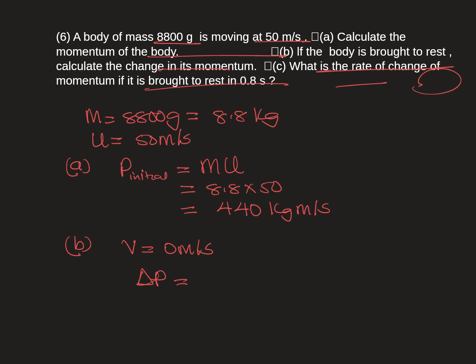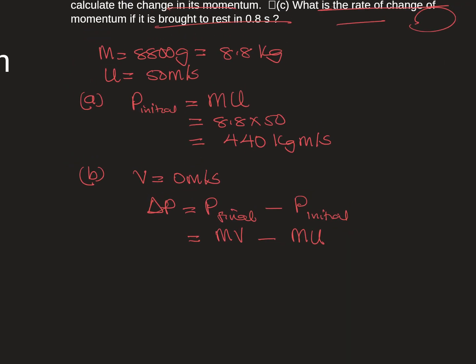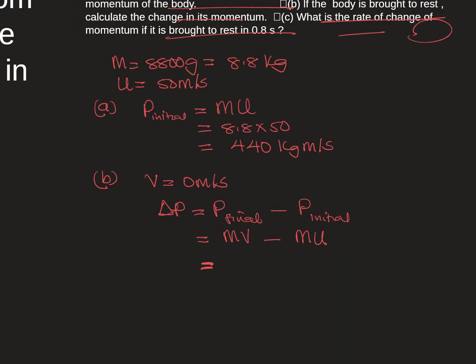Delta P is final momentum minus the initial momentum. So that will be mv minus the initial momentum, mu. If I want, I can substitute directly, or I can factorize mass. So that will be m into v minus u.